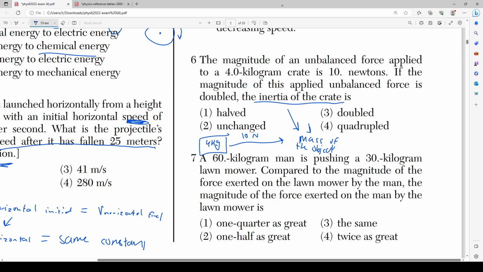Think about you in a car or a moving vehicle, and then the driver brakes. They press the brake, and notice how your head jerks forward. That's because your body is an object that wants to stay in motion.